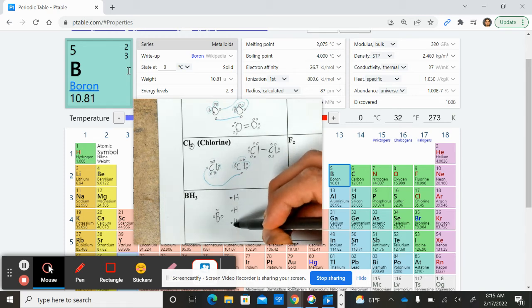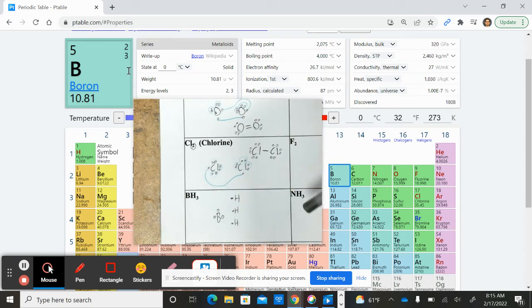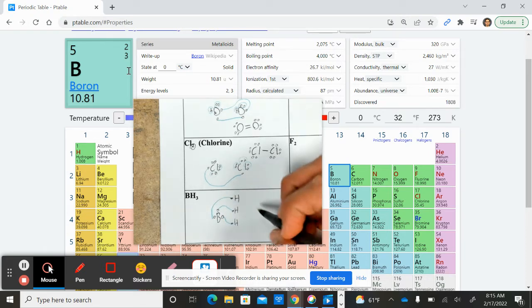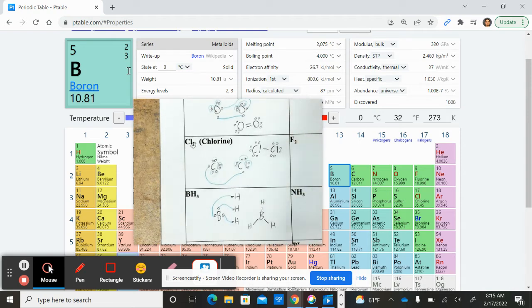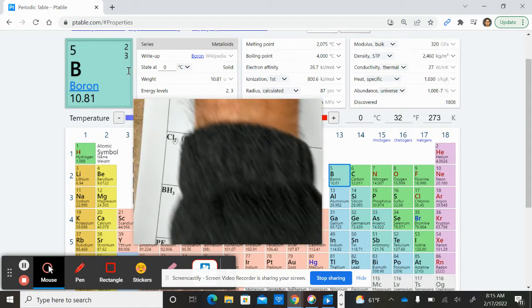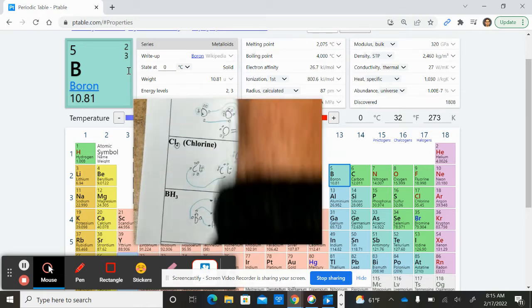Each hydrogen gets its own valence electron. So now I connect. Boron will be in the center. And then we redraw. So it'll be hydrogen, hydrogen, and hydrogen. And that's it.